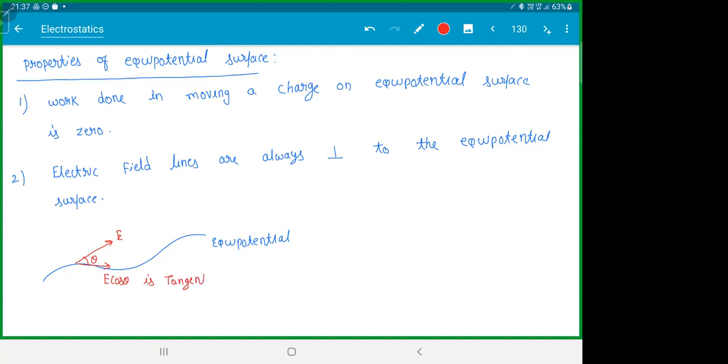Remember we wrote a statement: in the direction of the field, what will happen to the potential? Decreases. So in the direction of E cos theta, that is on the surface, the potential should change. But you said it is an equipotential surface.